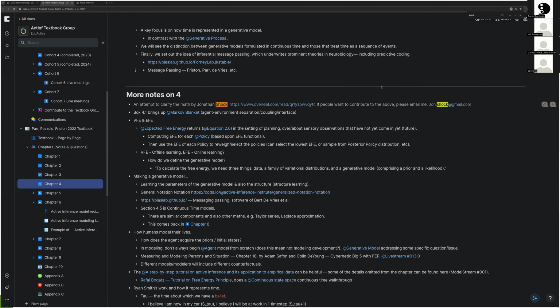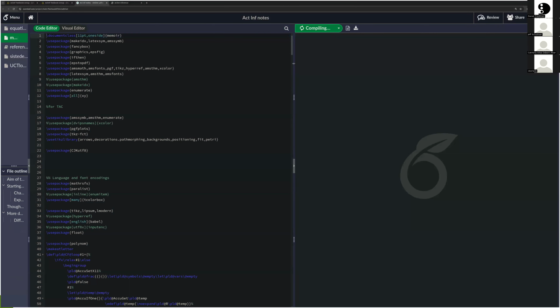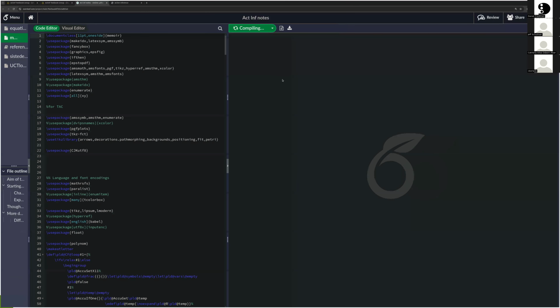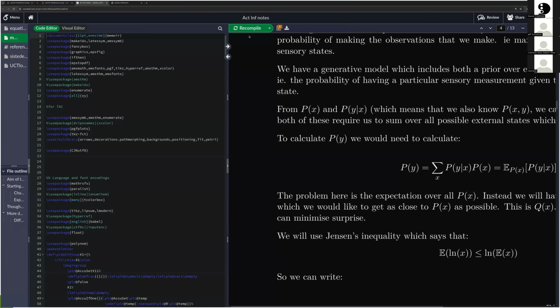Jonathan Schock, a previous participant and a math teacher, I think professor, has written this document. Let's just see it for a second.